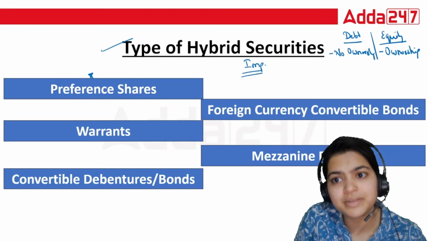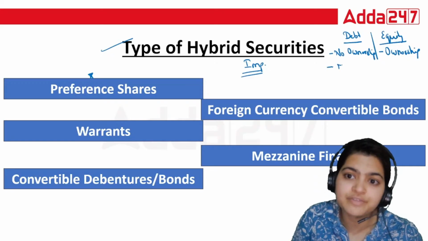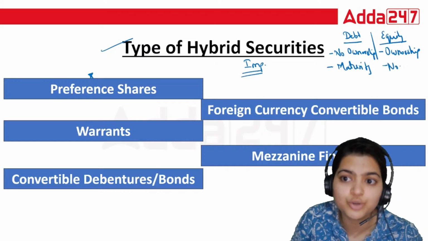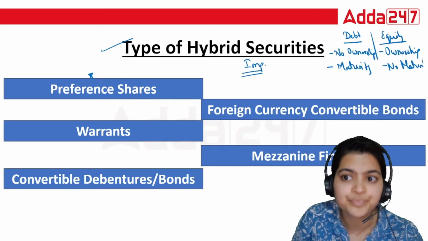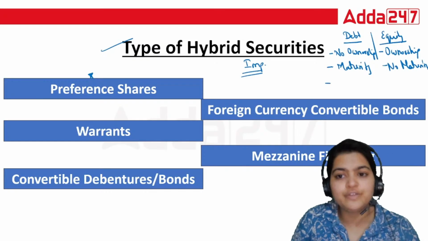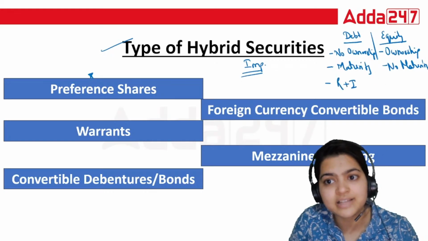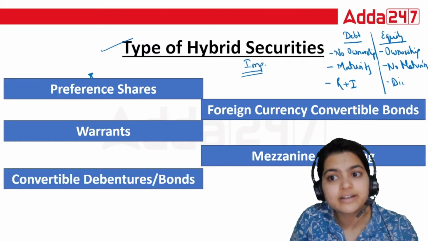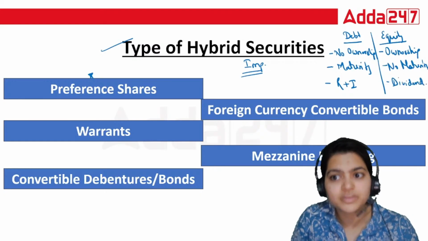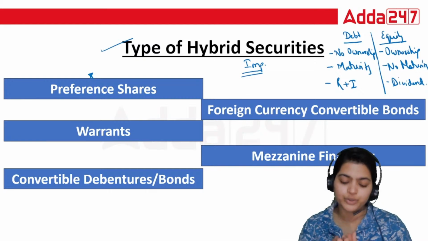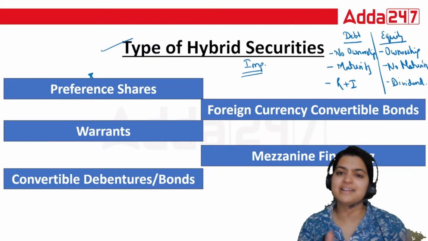I hope you remember this part. In debt you have some specific maturity. In equity, no specific maturity is there. In debt you will get redemption amount plus interest, and in equity you will get dividends.